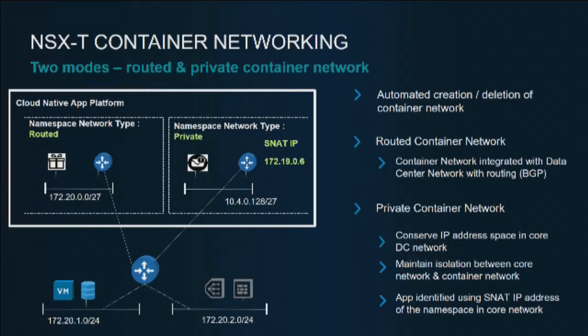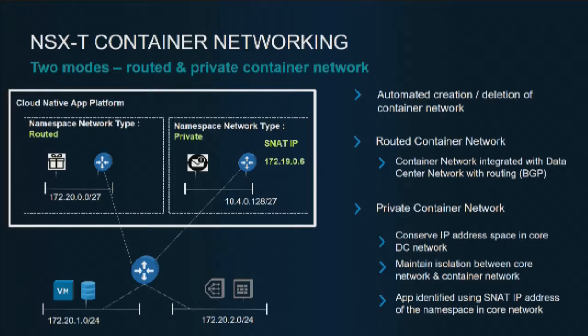The other use case is that the container environment is fairly dynamic: applications being deployed, scaled, deleted. Traditional network infrastructure teams said we want to keep the core network stable. We don't want container environments to keep advertising subnets and pulling subnets off in such a dynamic environment. So private NSX container networking, which gives the ability to identify an app or a namespace with an IP, meets those use cases as well.